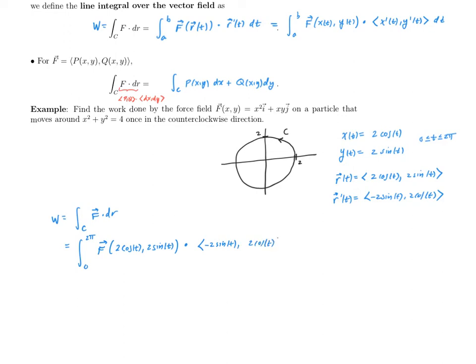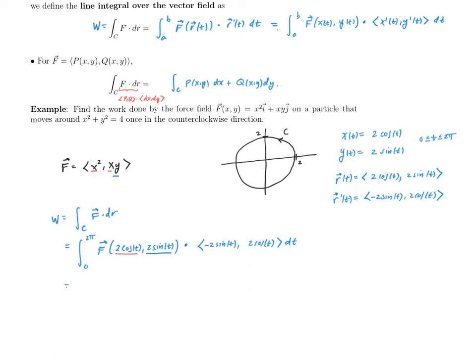And as usual, I recommend taking this in a very slow, methodical, step-by-step approach to make sure we are not making any silly mistakes. In terms of our vector field F, representing the force, we have x squared comma xy. And note what this is indicating for us. We're replacing each x with a 2 cosine t, and we're replacing each y with a 2 sine t.